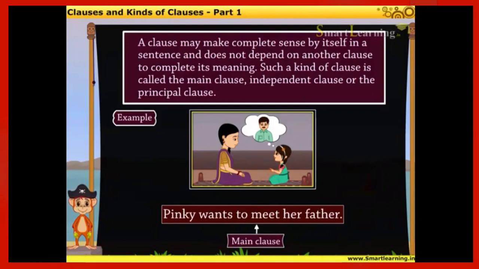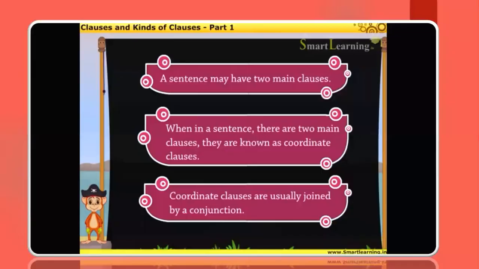You can see in the example, Pinky wants to meet her father. So the main clause is to meet her father. So a sentence may have two main clauses. When in a sentence there are two main clauses, they are known as coordinate clauses. Coordinate clauses are usually joined by a conjunction.